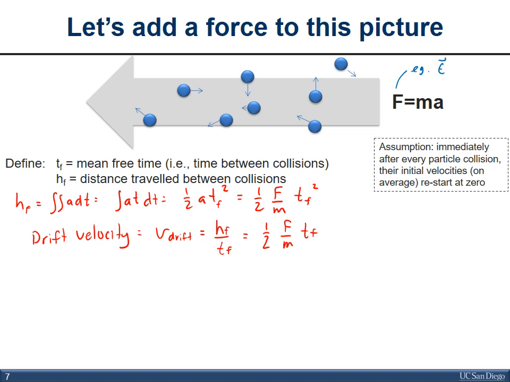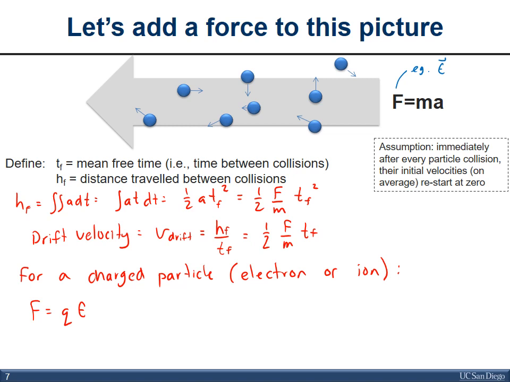For a charged particle, for example an electron or ion, the force is equal to the charge times the electric field, which means that v drift is going to be equal to 1/2 Q times E times t sub f all over m.